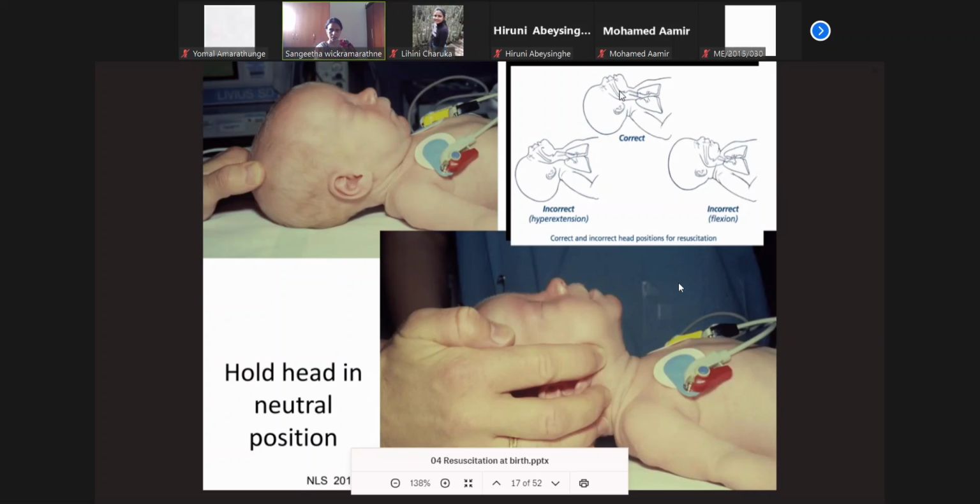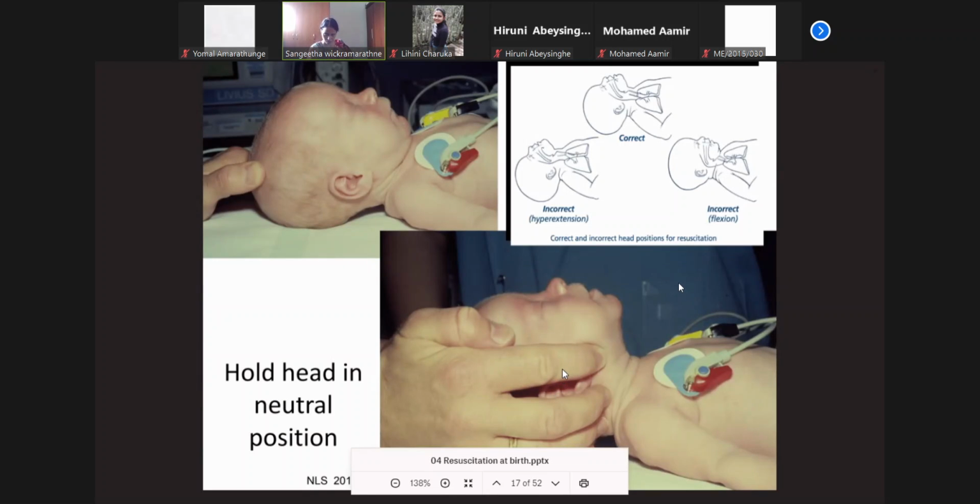And a line perpendicular to it, going through the tragus to the corner of the eyes, should be perpendicular to the floor. That's the neutral position. No hyperextension, no flexion. It should be somewhere midway. You can see here, they have kept a nice neutral position, right?